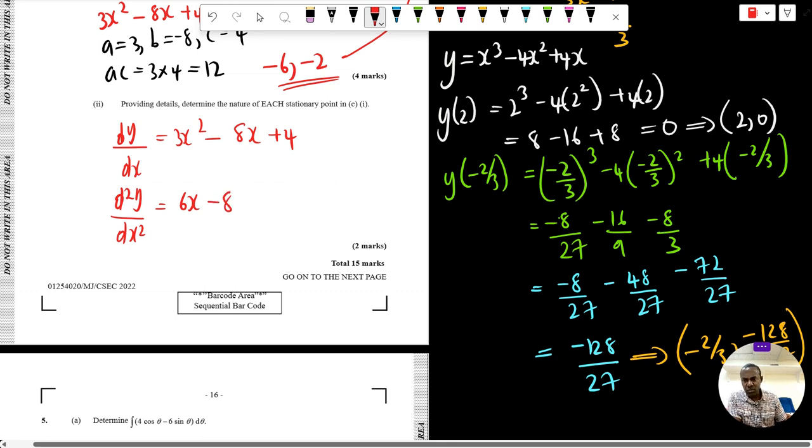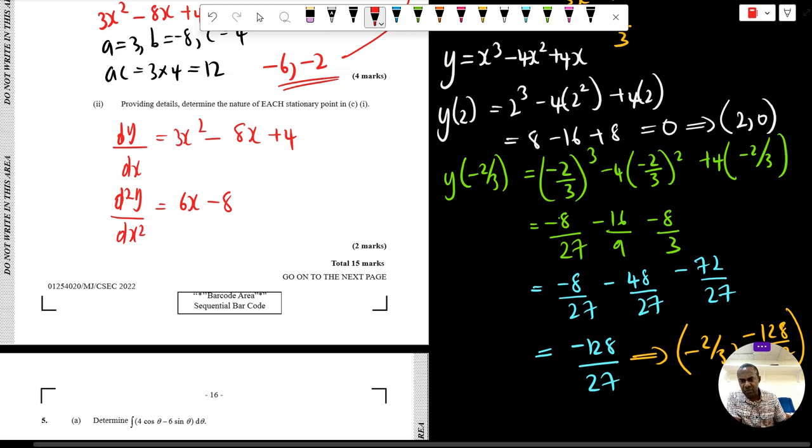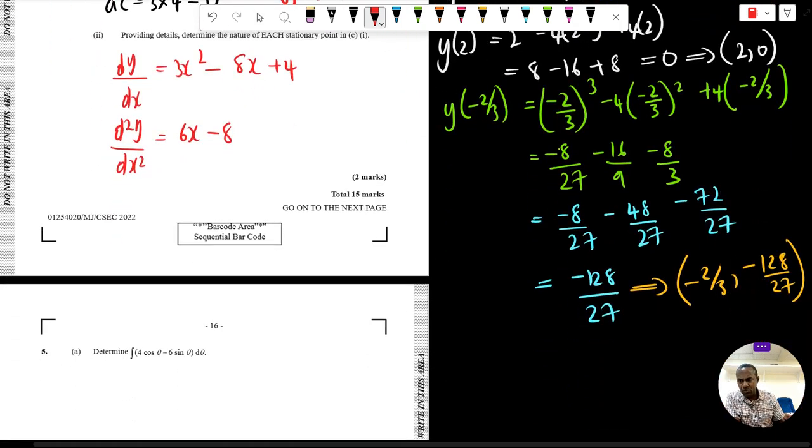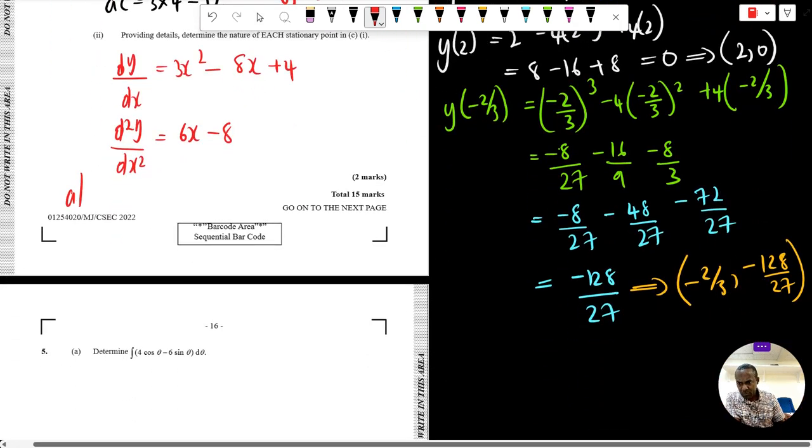And so what we must now do is evaluate the second derivative at each of the stationary points. Let's do the first one. The first one occurred, I think, was x equals 2. So at x equals 2, d2y by dx squared is equal to 6 times 2 minus 8. 6 2s are 12. 12 minus 8 is equal to 4, which is obviously greater than 0.